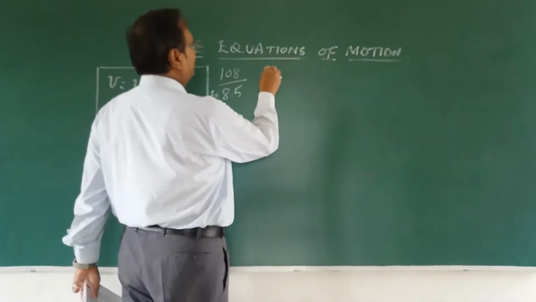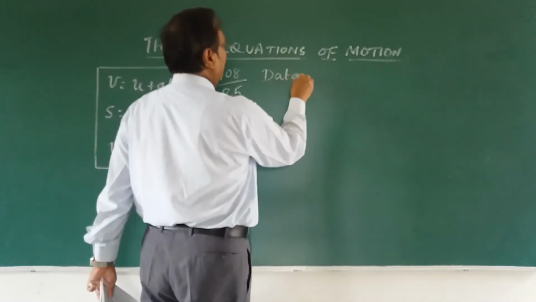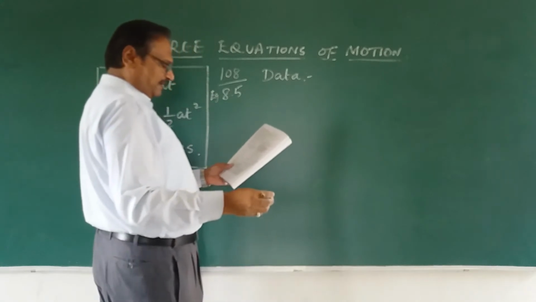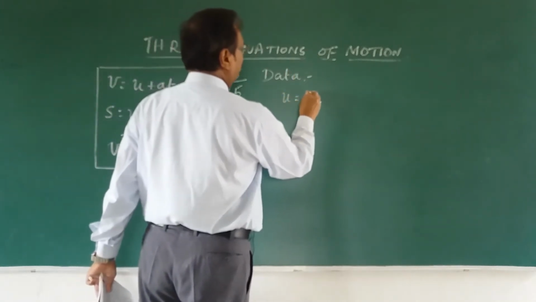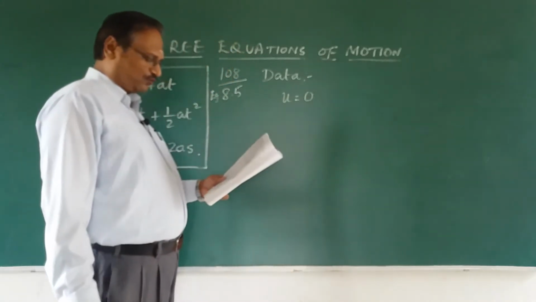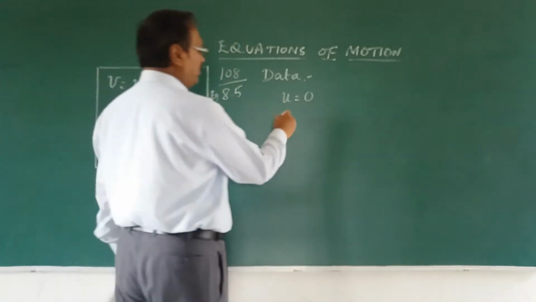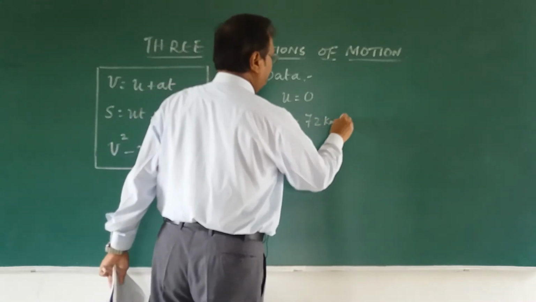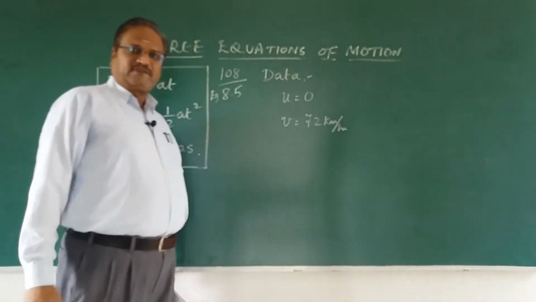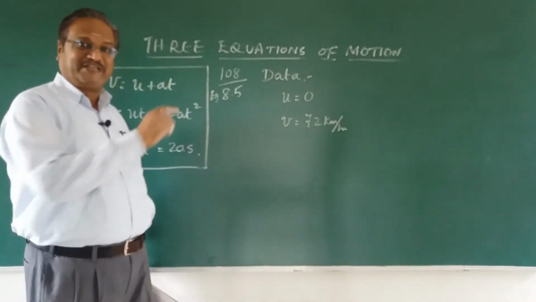Now when you do a numerical, first take the data. What is the data? Train starting from rest, that means initial velocity u is equal to 0. It attains a final velocity of 72 km per hour. Convert that into SI unit, meter per second.